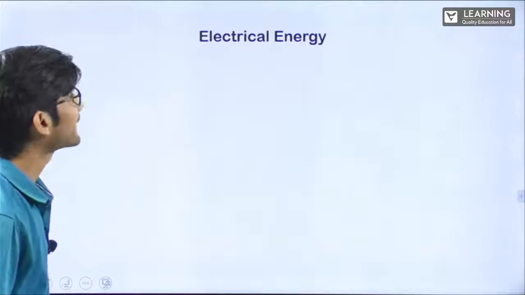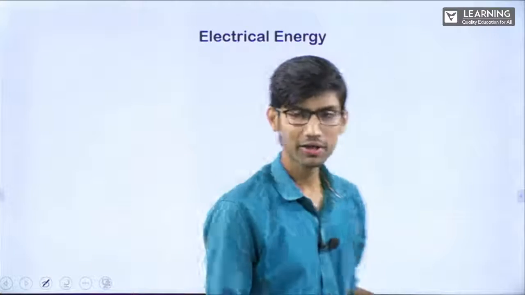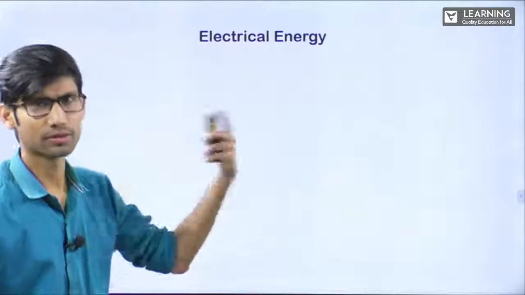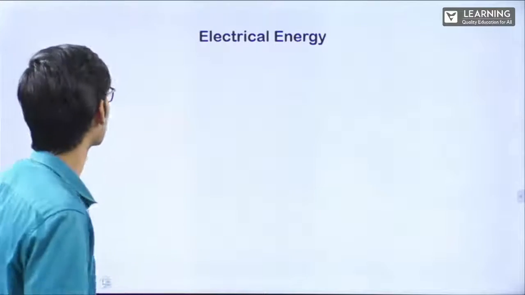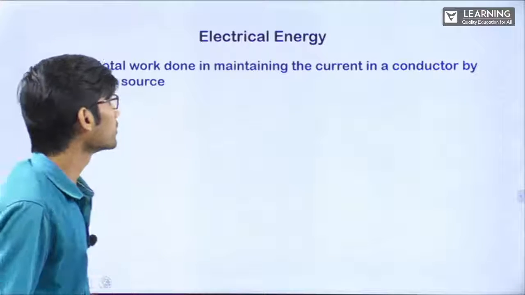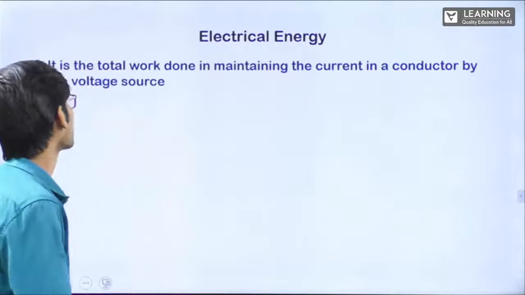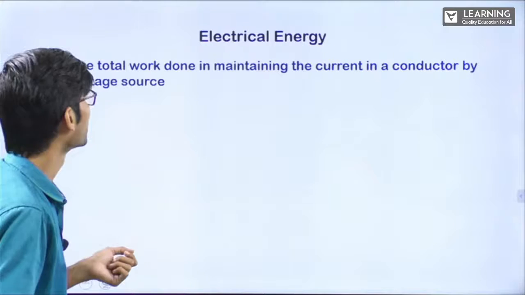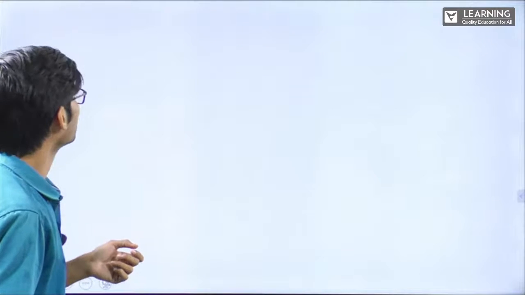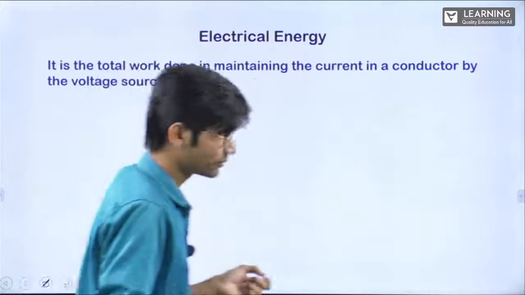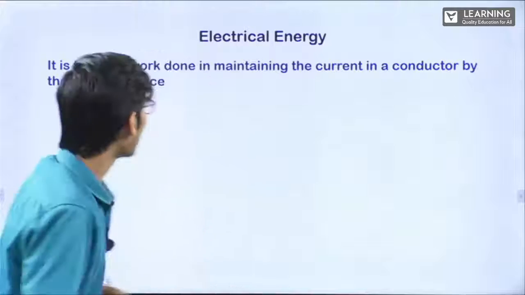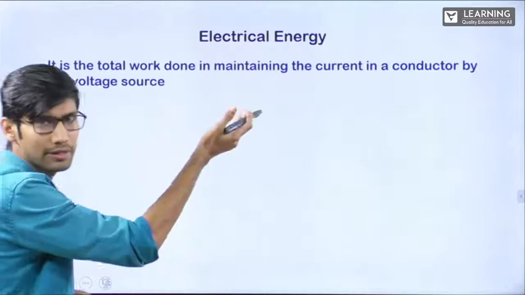Next, electrical energy. Again, we know what is electrical energy, work done by the battery to move that particular charge in the circuit. It is the total work done in maintaining the current in a conductor by the voltage source. If you want, you can note down this definition. Now see, power is equal to, from power we will get the energy.